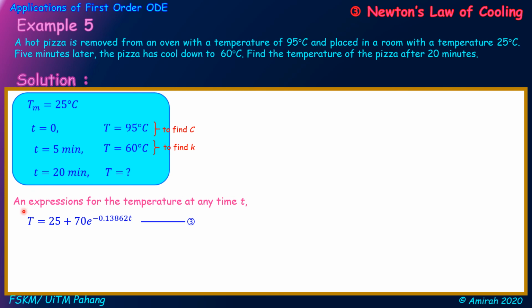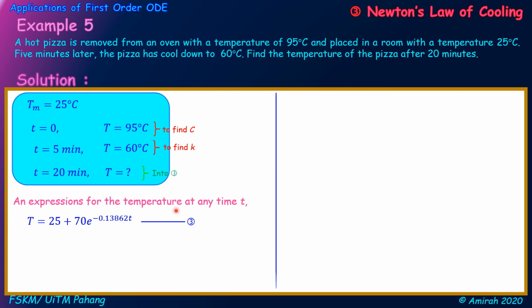Alright, from the previous slide, we get T equals 25 plus 70 e to the power of negative 0.13862 t, and we're naming it equation 3. This is actually an expression for the temperature at any time t. Okay, so after that, we can substitute the last row into equation 3.